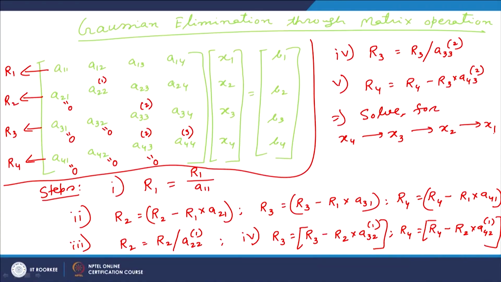Now, here only one point needs to be noted: in the process of elimination, if any term becomes 0, for example, let us say A21 becomes 0, then in that case we really cannot take A21 as the pivot element, because if we try to divide by this pivot element, it will become infinity.